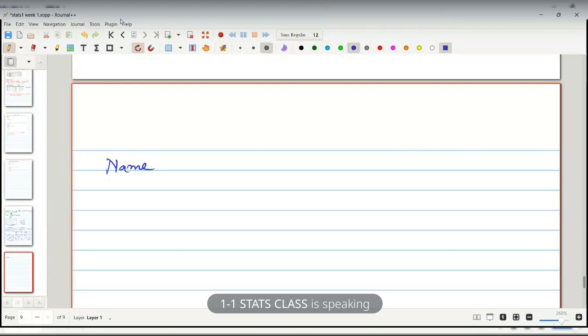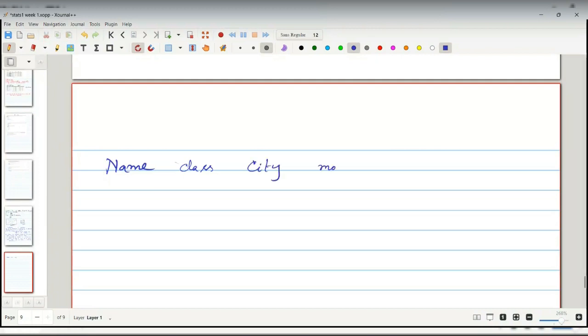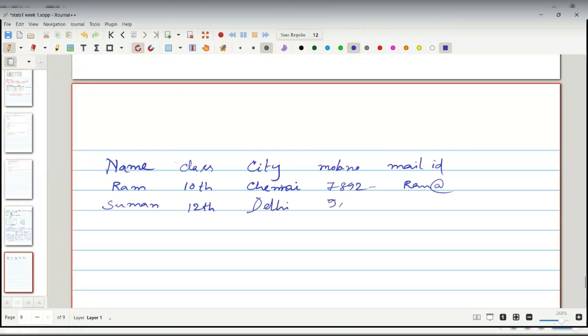Now from that dataset, I am structuring the dataset. So this is our structured dataset.